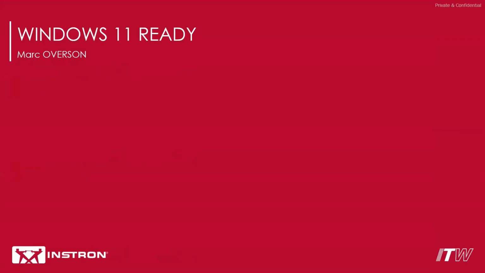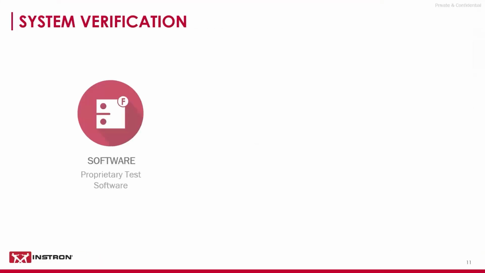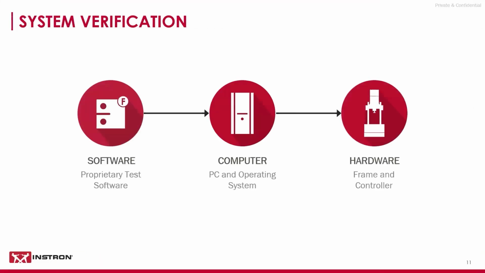So, becoming Windows 11 ready and the process involved. Mainly, you need to verify your system and understand what your status is. We have many different systems out in the field of different ages, of different configurations. Some are new systems, some are very old systems. Some systems have been upgraded or retrofitted, depends on what you have.